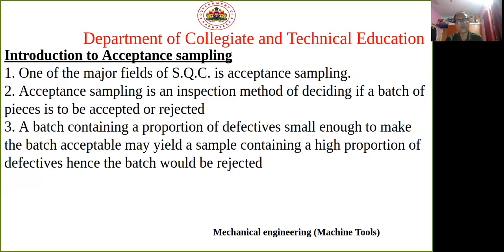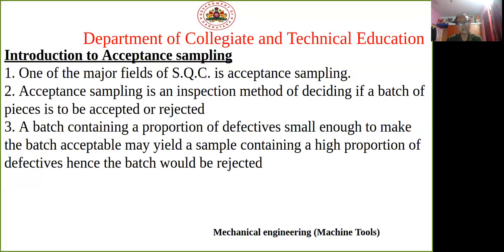Here, we accept or reject the lot depending upon the samples that we inspect, and there will be an agreement between the producer and the customer. They will come to a plan with an acceptance number, and depending upon that, the customer will decide whether the batch has to be accepted or rejected.